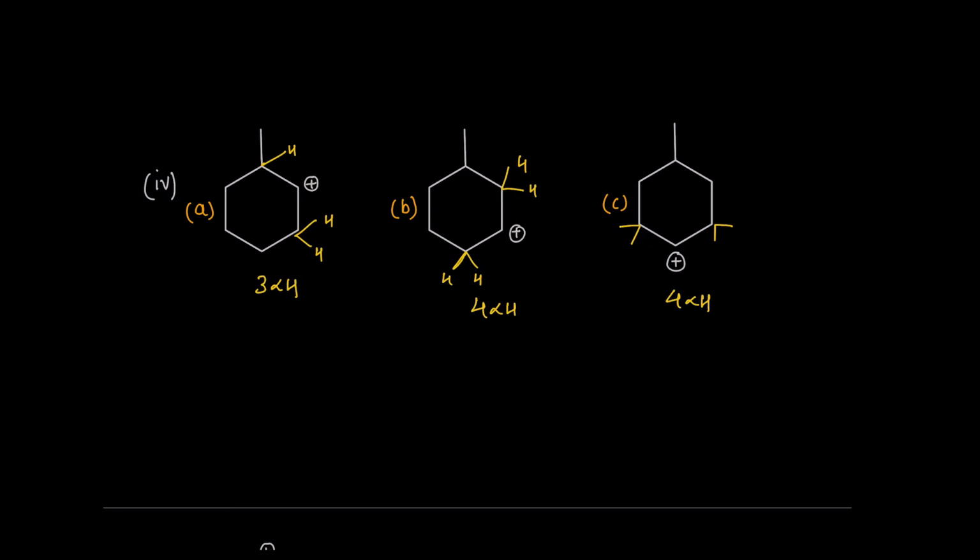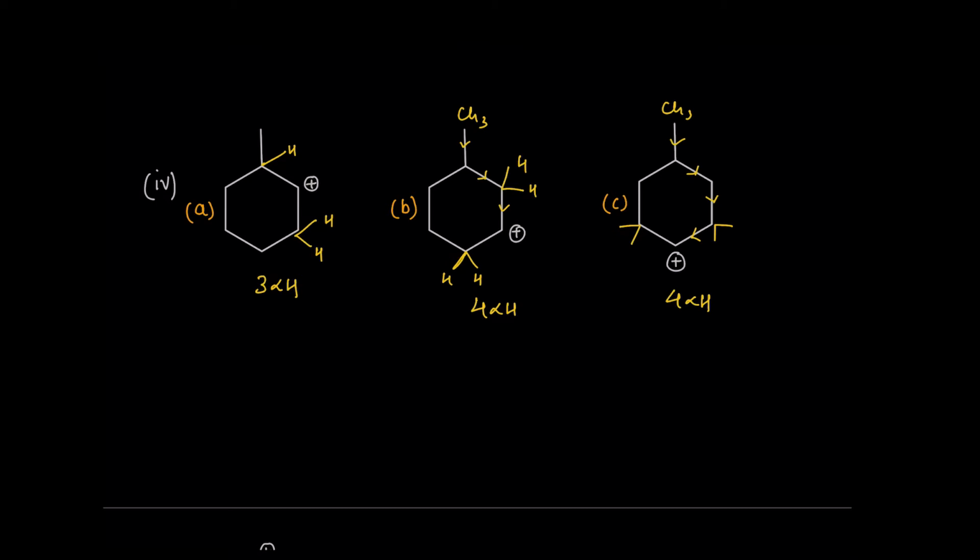But between B and C, how to determine the stability? If we look closely into B, you can see that this CH3 is close to the carbocation, right? And it can donate more sigma electrons via inductive effect as compared to this CH3, which is pretty far from the carbocation.